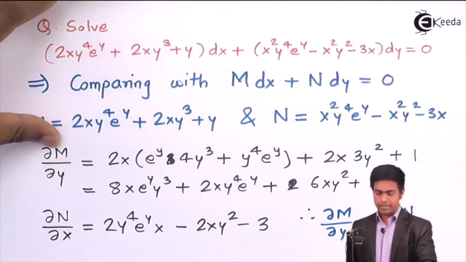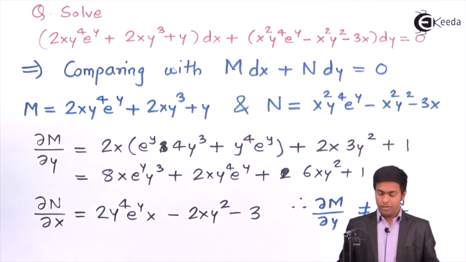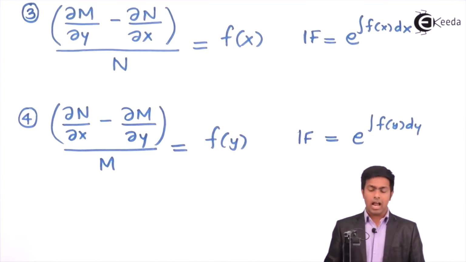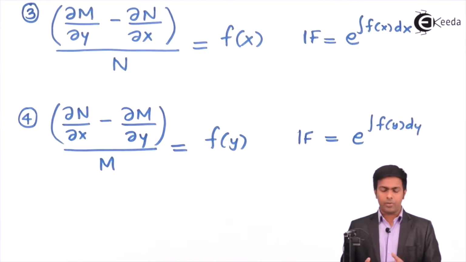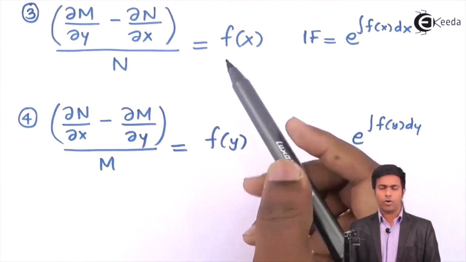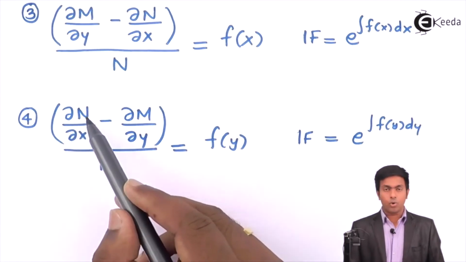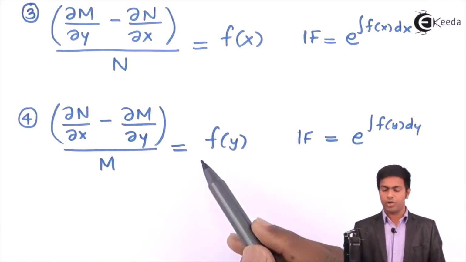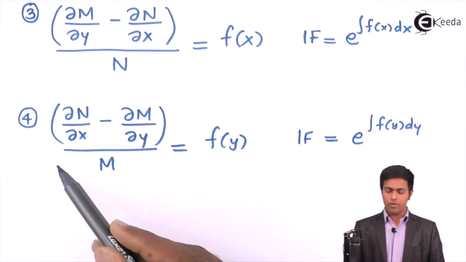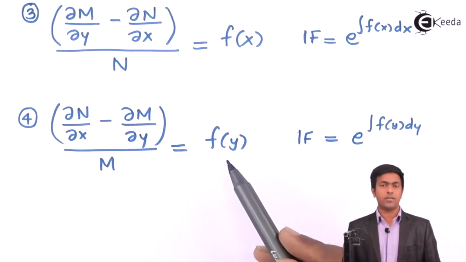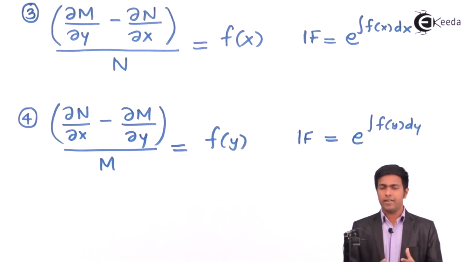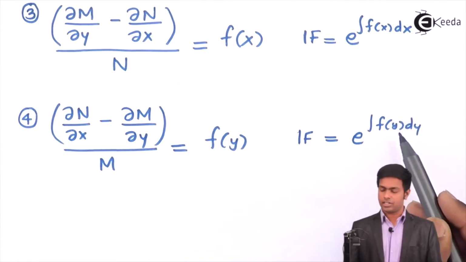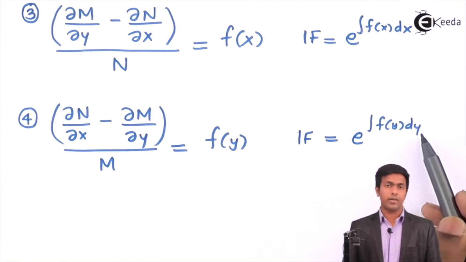So guys, if you see these forms, and if our equation comes in this form, like (∂N/∂x minus ∂M/∂y) whole upon M equal to f(y), it means if we are getting the value of this function as a function of y, then we can say that the integrating factor is e raised to the integration of f(y) dy.